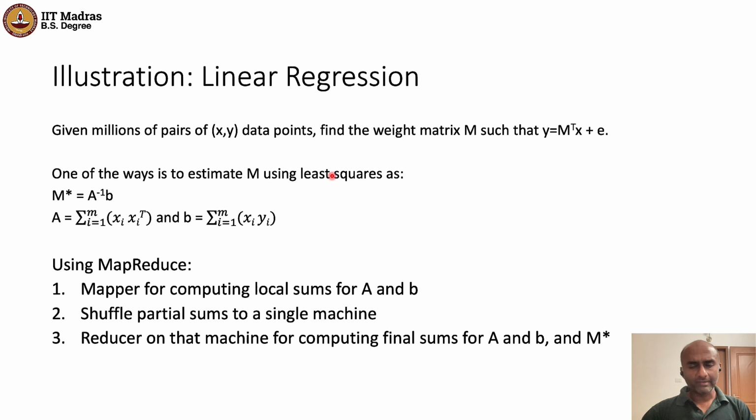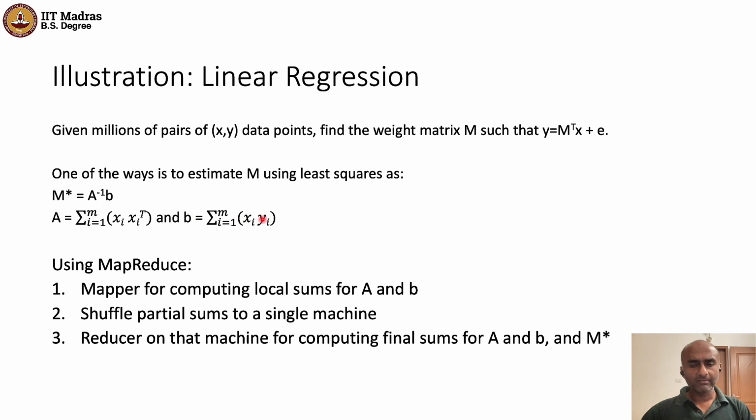So what was least squares itself comprised of? The best way to represent the matrix is A inverse B, where A is basically the summation of the square of the input variable, the independent variables xi. Basically, you can represent it as xi transpose xi, and you just sum it up over all of the elements. So basically the square of the input vector.